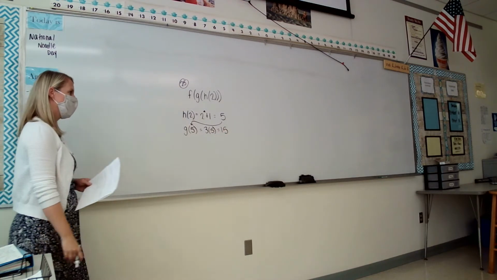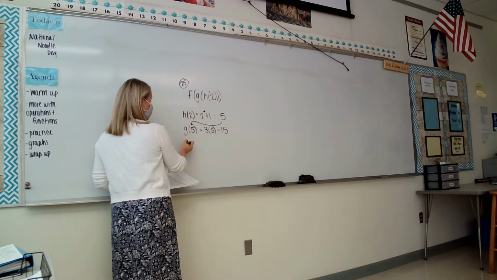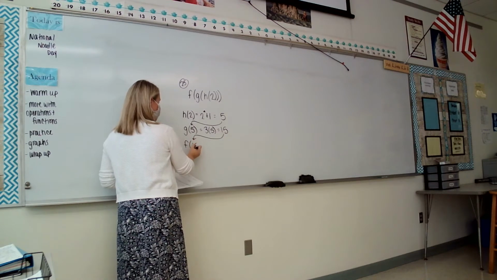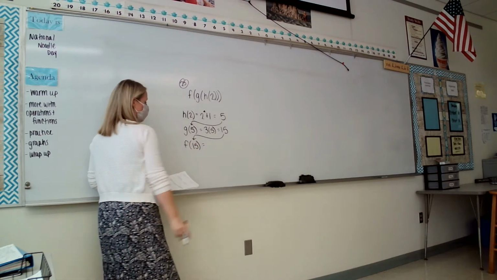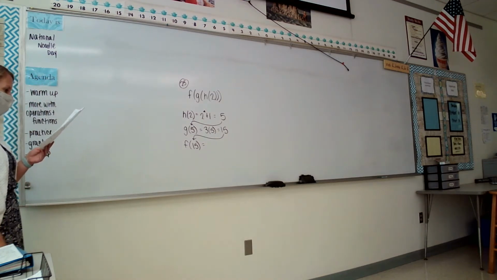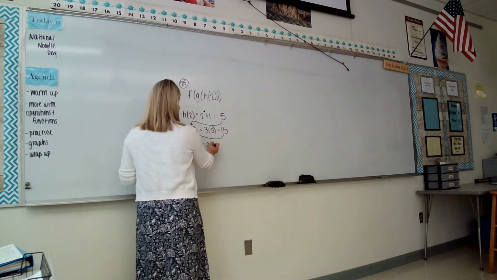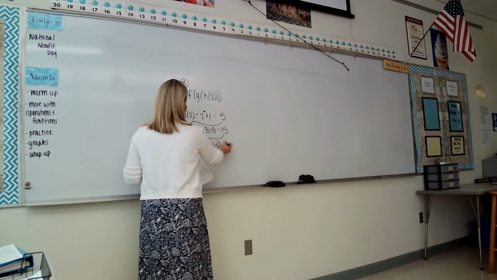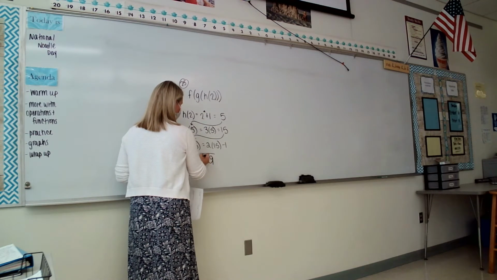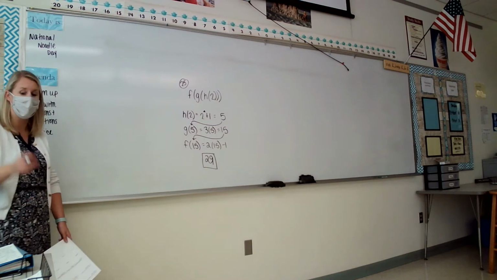As I work my way out, the next function is f. I'm taking this output and making it my new input. So it's just the one from the previous step. Now I'm gonna plug in f of 15, which will give me 2 times 15 minus 1 for an output of 29. And that would be your final, because there's nothing else to plug it into.